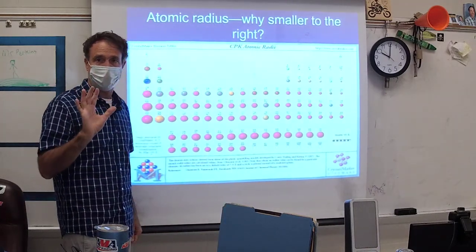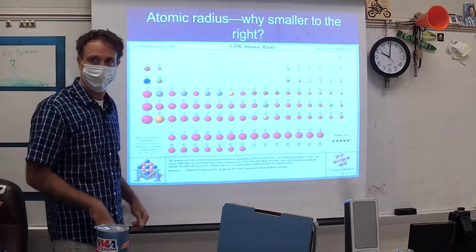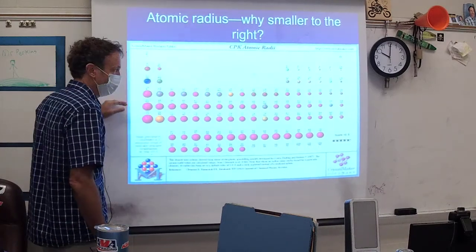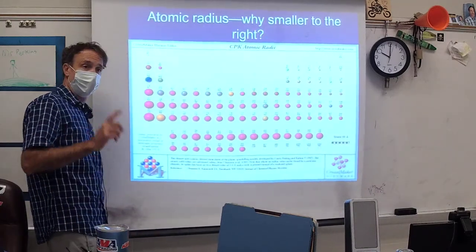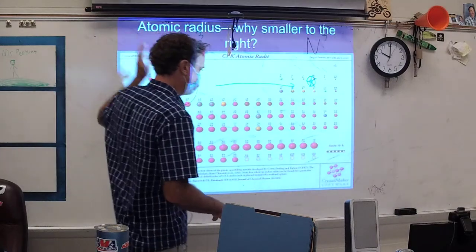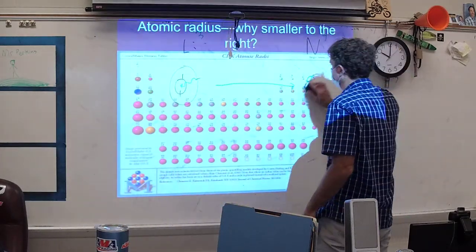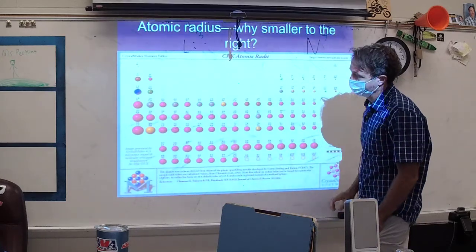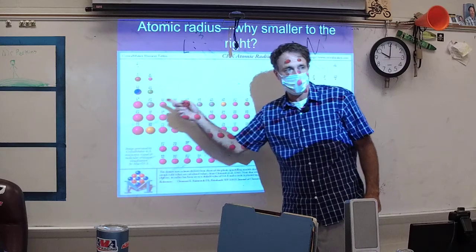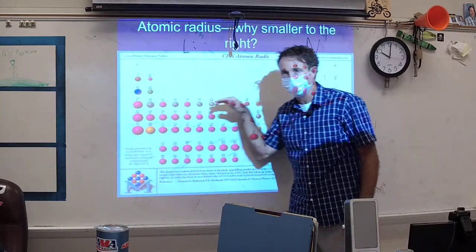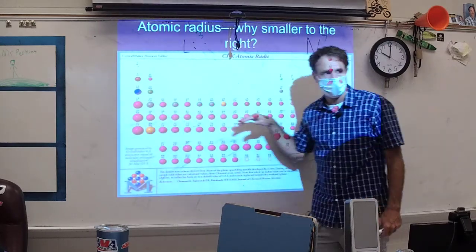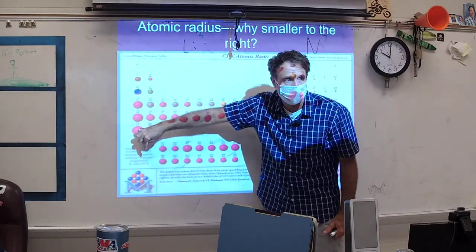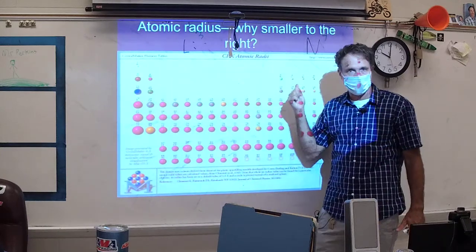The last trend I want to show you is the fact that since every period the atoms get smaller as you go from left to right, another pattern emerges. Since we get smaller from left to right, and then we start over again, a little bit bigger, then we start over again, a little bit bigger. So it gets bigger as we go down, and it gets smaller as we go to the right.